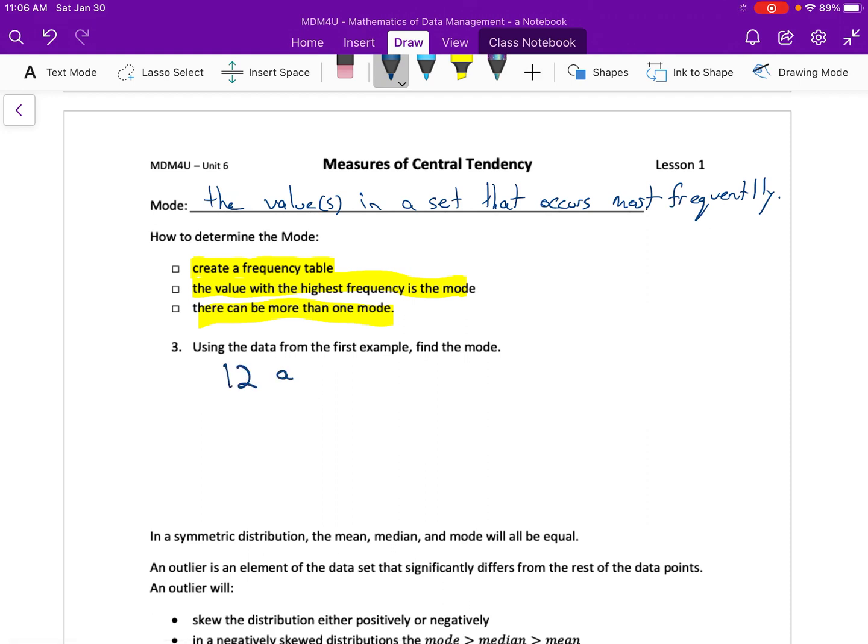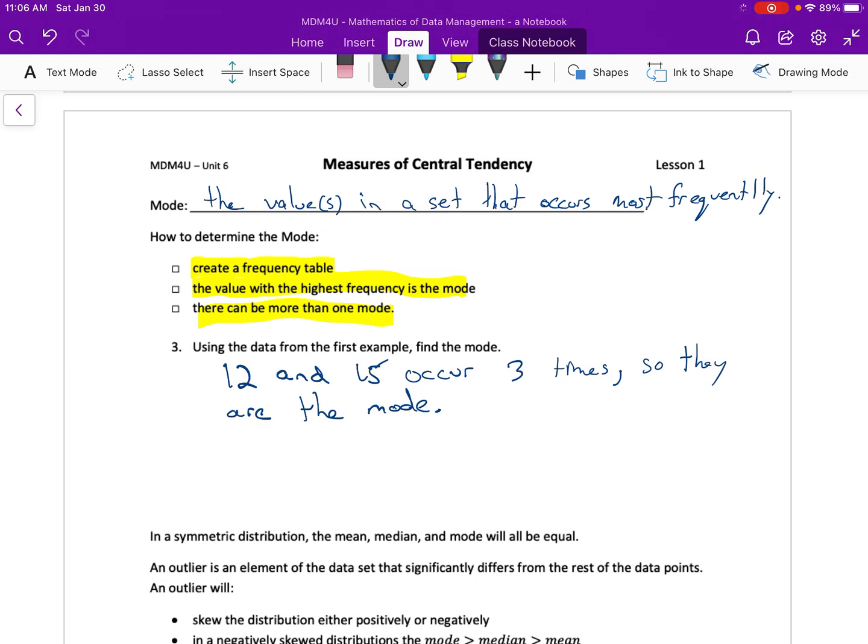So I'll just write that, 12 and 15. They are the mode. Pretty easy, and we'll see again later that if they're arranged with a frequency table, it's even easier.